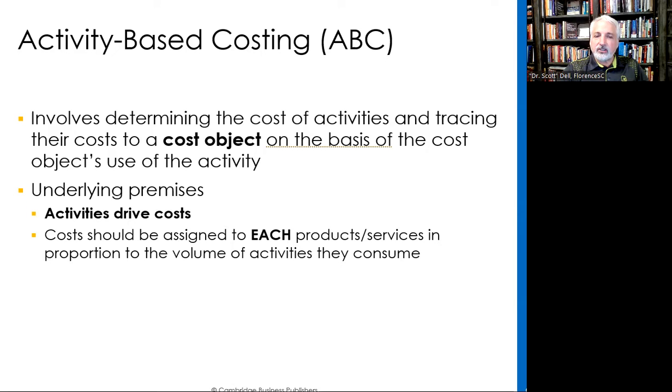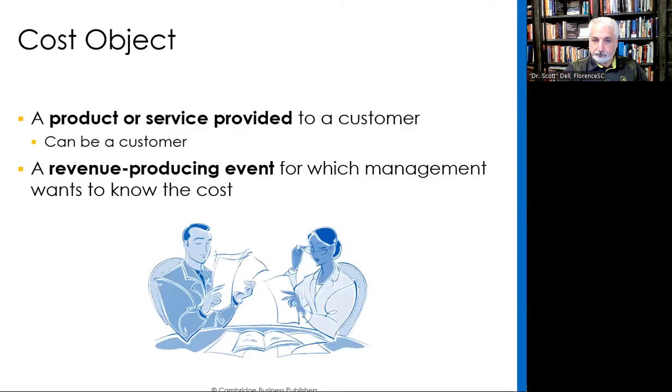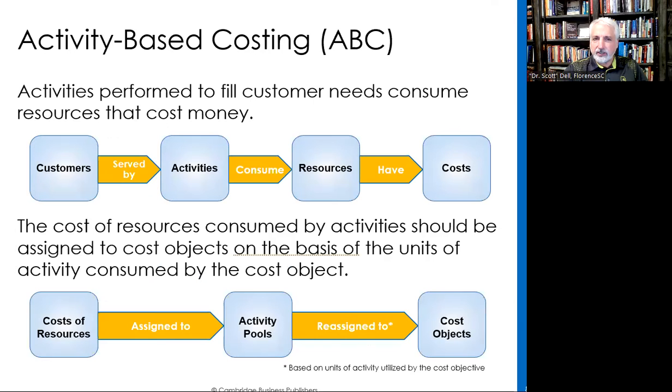The underlying premise is that activities drive the costs, and costs should be assigned to each product or service in proportion to the volume of activity those overhead items incur. The cost object is a product or service provided to a customer, and can be a customer, based on a revenue producing event for which management wants to know the cost. So we have a cost breakdown.